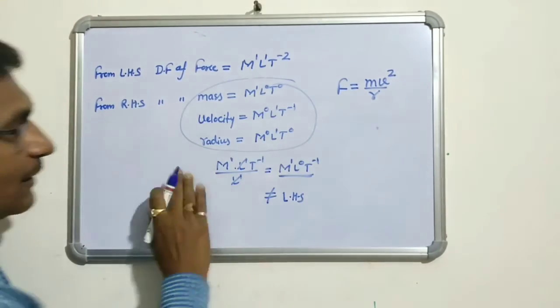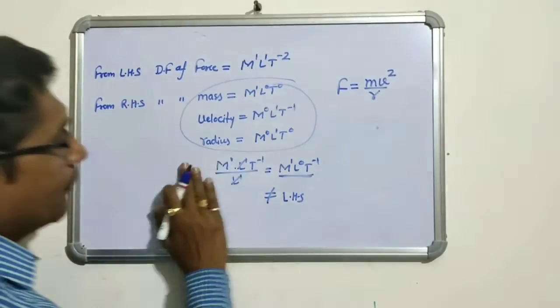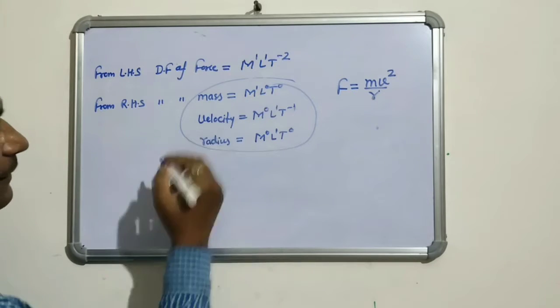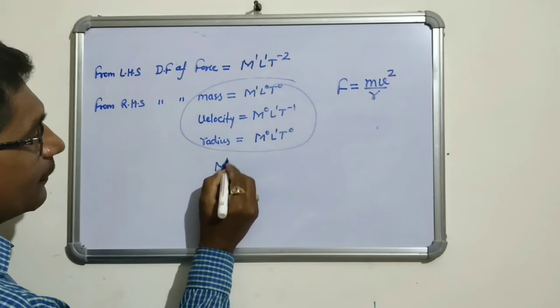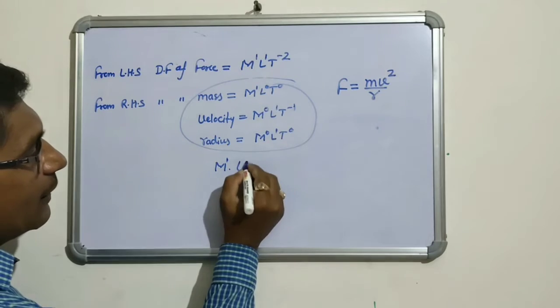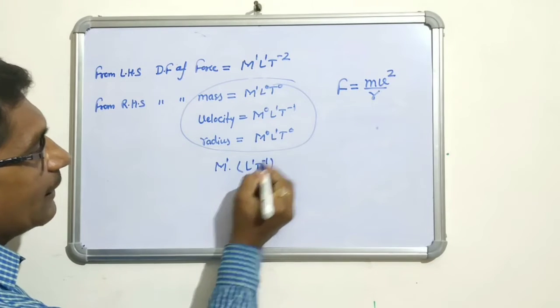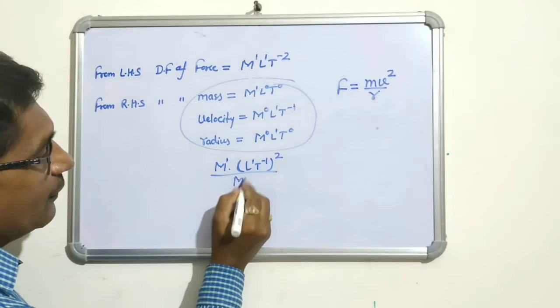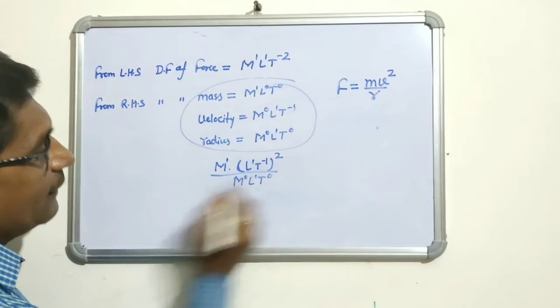The dimensional formula of mass is M1, velocity is L1 T minus 1 squared, upon M0 L1 T0.